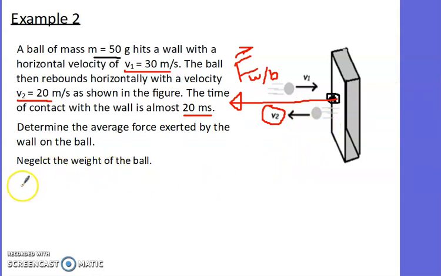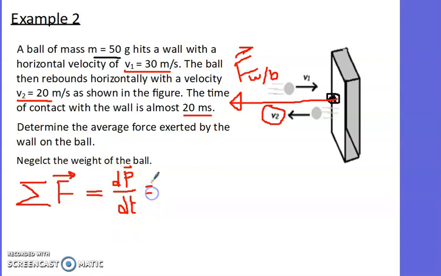Okay? So Newton's second law means that the sum of forces, as we studied in video 1, the sum of forces acting on the ball is equal to ma, right? But I prefer to write it in terms of momentum, since momentum is directly proportional to the velocity. So dp over dt, you can also write it p prime, the derivative, right?